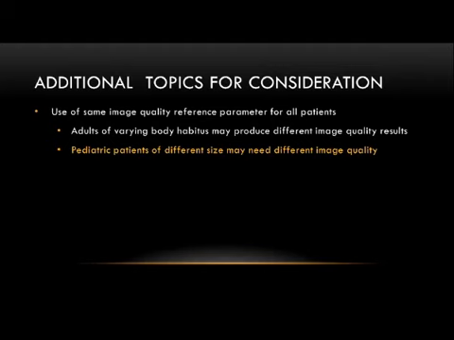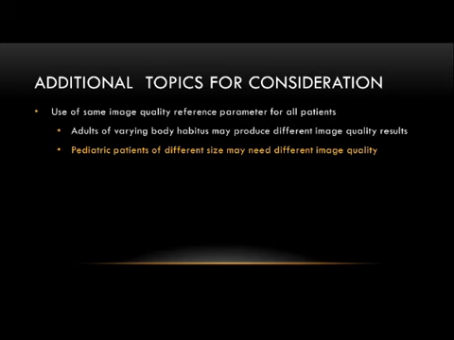And so that ties into whether pediatric patients of different sizes require different image quality. If I'm imaging a 2-year-old and I'm trying to see some anatomy in a 2-year-old, it's smaller than what it is in a 10-year-old, right? So our ability to see something is dependent not only on the noise in the image but also on the size of the object and its contrast.